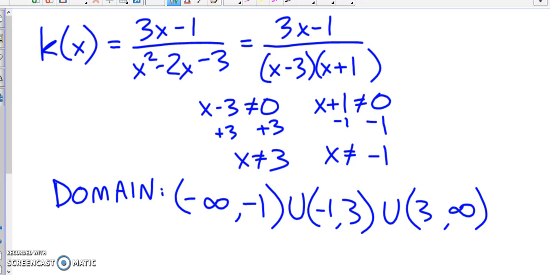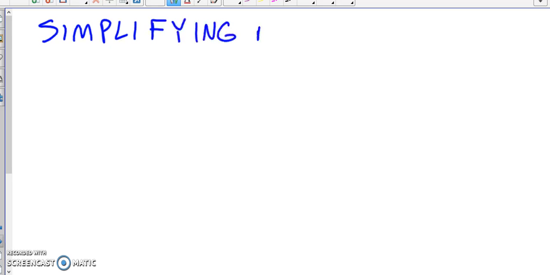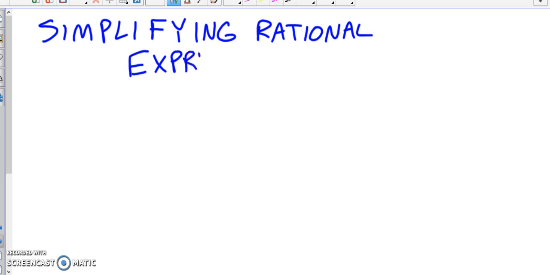All right, so that brings me to the next topic, simplifying rational expressions. It's important to understand that when you're simplifying these rational expressions, you have to divide out or cancel factors, not individual terms.